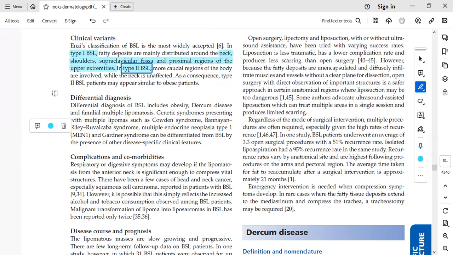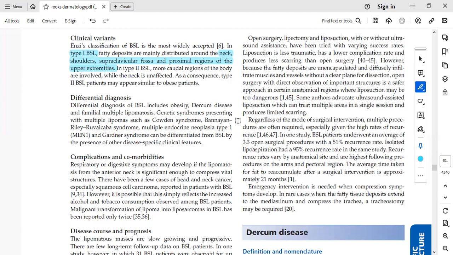The differential diagnoses of BSL are obesity, Dercum's disease, familial multiple lipomatosis, and genetic syndromes presenting with multiple lipomas, such as Cowden syndrome, Bannayan-Riley-Ruvalcaba syndrome, multiple endocrine neoplasia type 1, and Gardner syndrome. We have to differentiate these syndromes from BSL by other disease-specific clinical features.